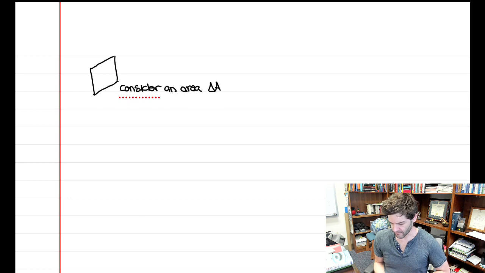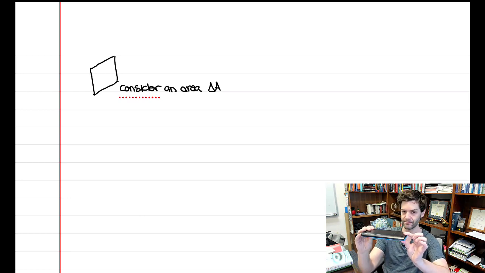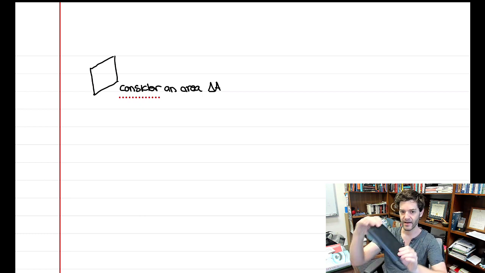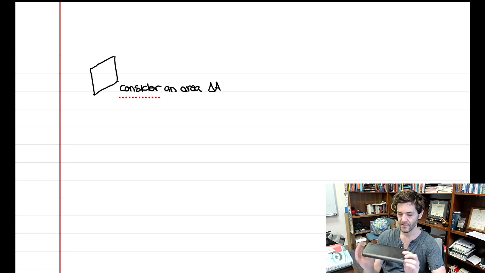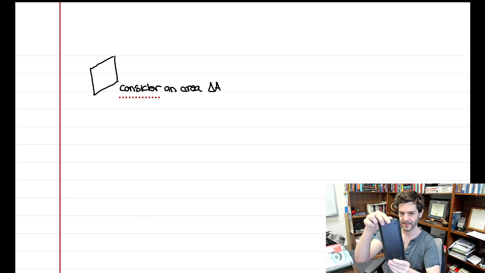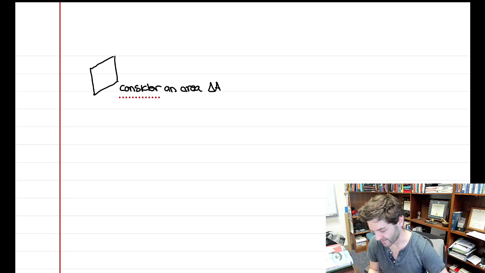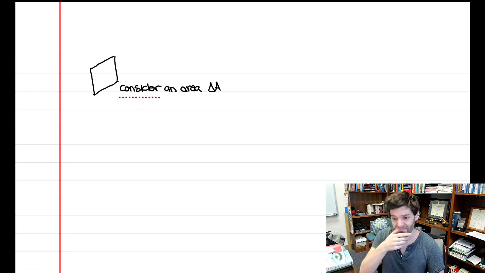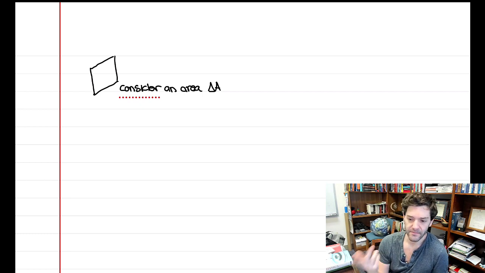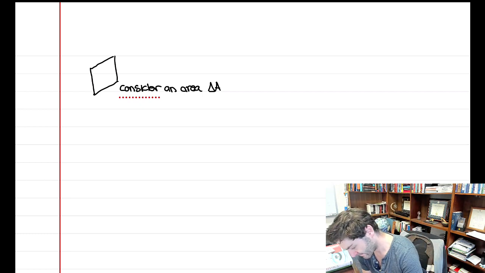It's some rectangular slab that is oriented in some way in 3D space. And the question is, how can I describe how this slab is oriented? Is it oriented like this, or like this, or like this? How is it oriented in 3D space? We can do that by defining a single vector called the normal vector.